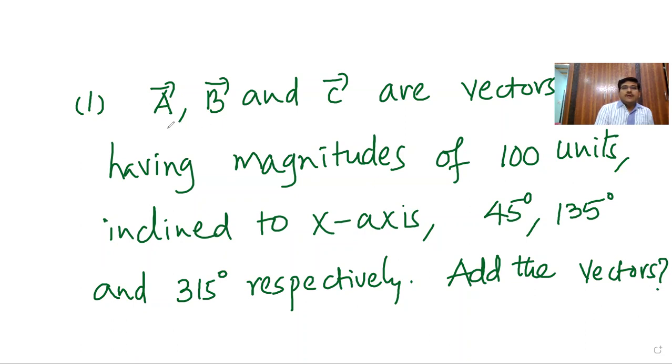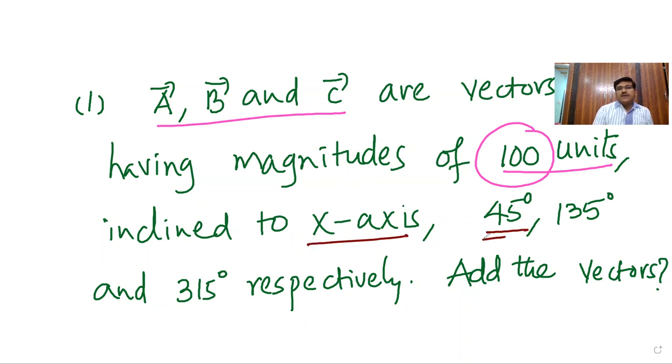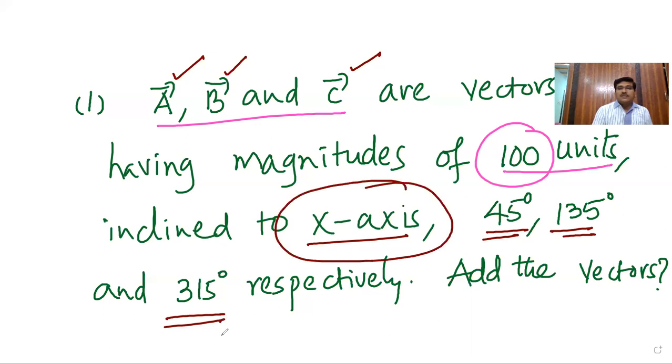Observe all the three vectors having the same magnitude, 100 units. They are making angles with respect to x-axis. A bar is making 45, B bar is making 135, C bar is making 315 degrees with respect to x-axis.